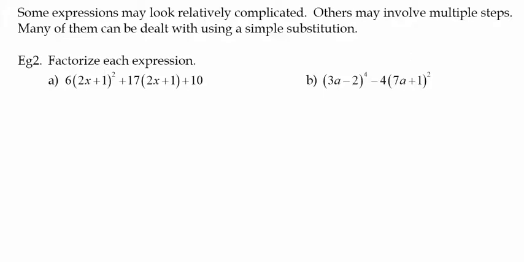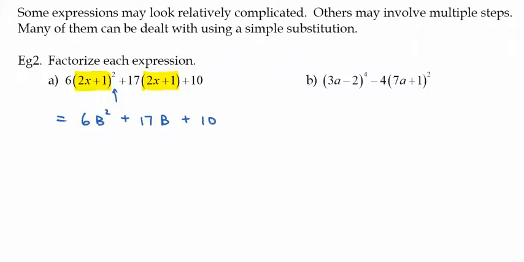Similar to the one in example number 2a. I see the same bracket here and there. 2x plus 1. Instead of expanding your perfect square and then simplifying the expressions, grouping the like terms and factoring from there, what I would do is to replace it with b for bracket.